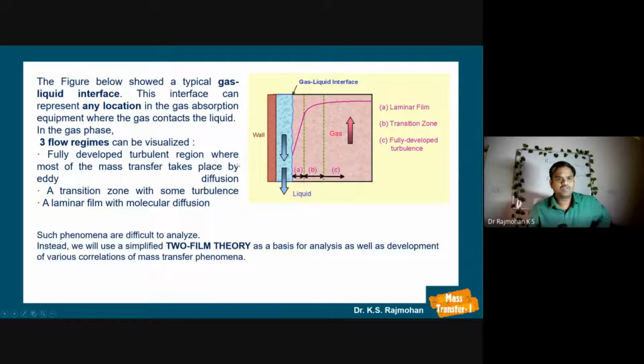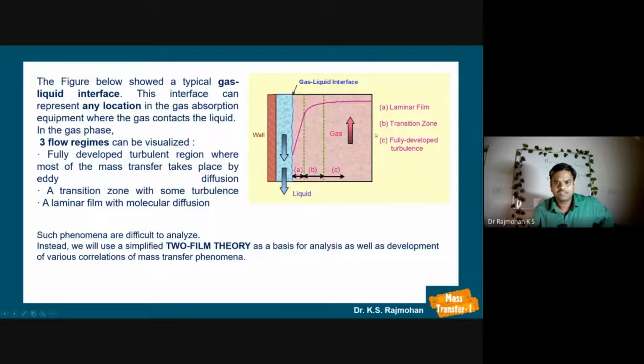These three flow regimes can be visualized, where in one phase eddy diffusion is taking place, then there is a transition zone with some turbulence, and a laminar film where molecular diffusion is taking place.